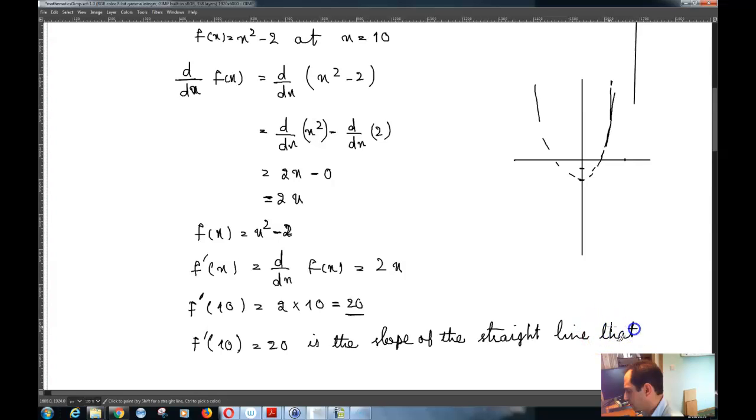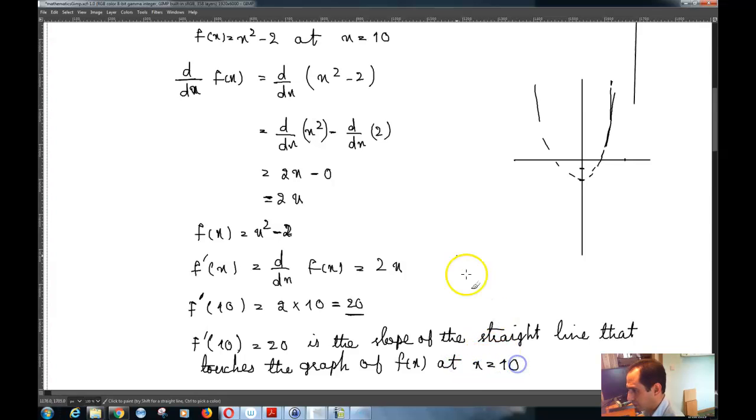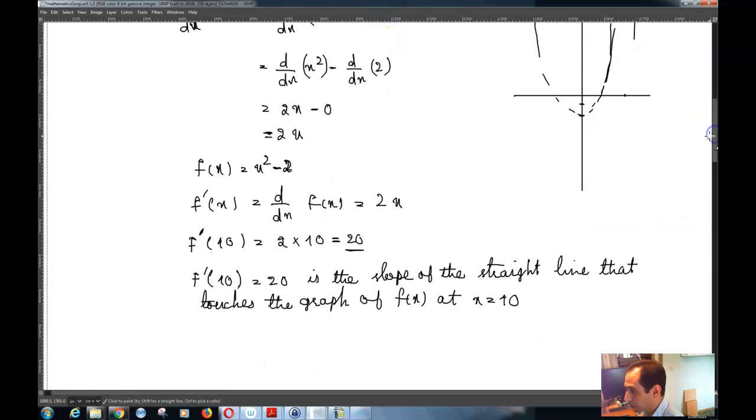So f prime of 10, which is equal to 20, is the slope of the straight line that touches the graph of f of x at x is equal to 10. Now at x is equal to 10, your function is f of x is equal to x squared minus 2.